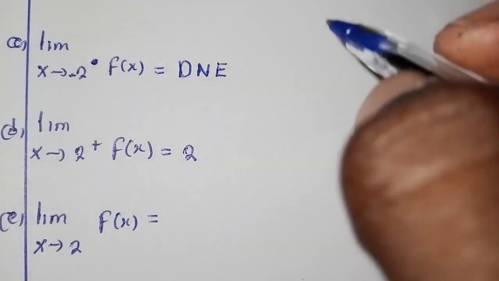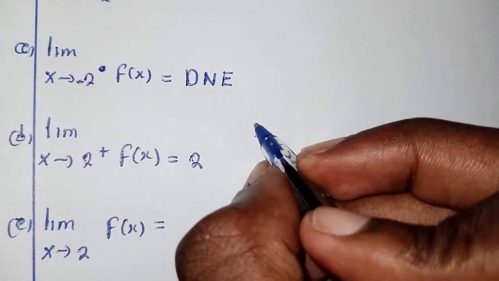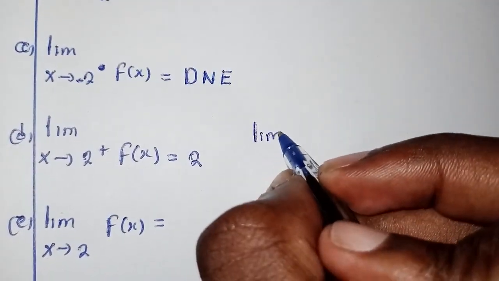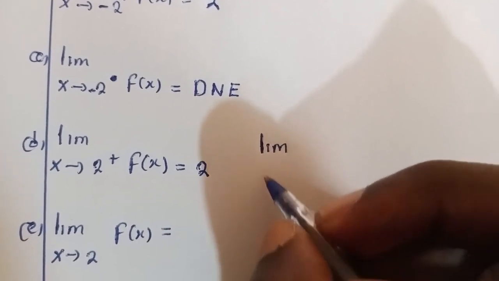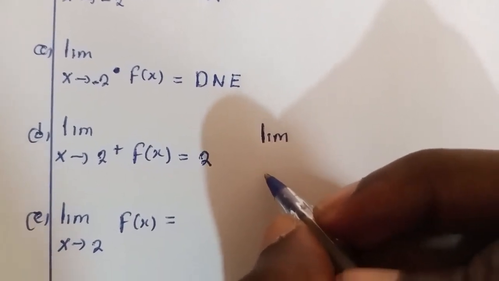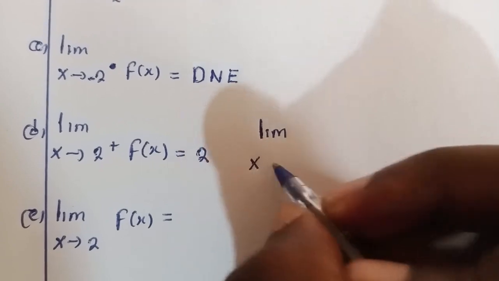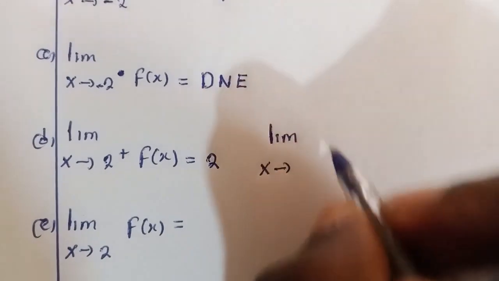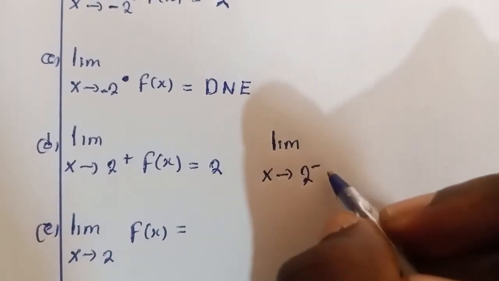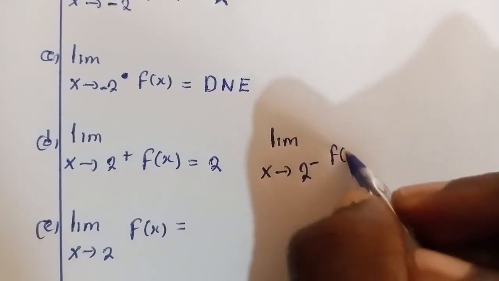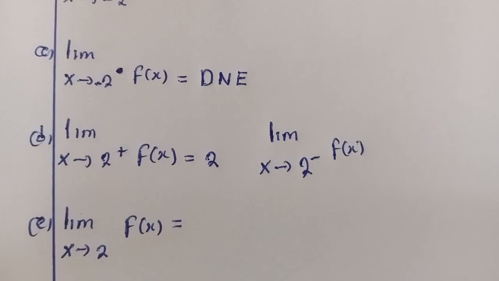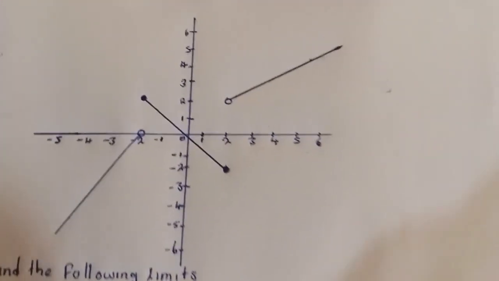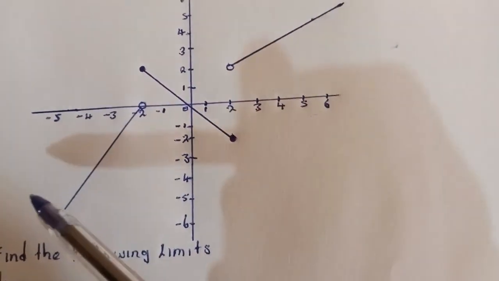So what I'm going to do, I'm going to imagine that I've been asked to find the limit as x is approaching 2 from the negative hand side of f of x, like that. Then I'll go on my graph. Now, from the left hand side, I'm standing here.